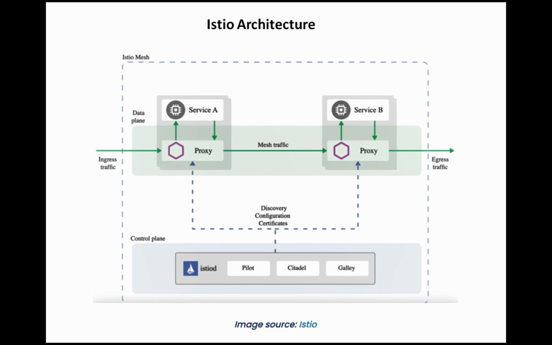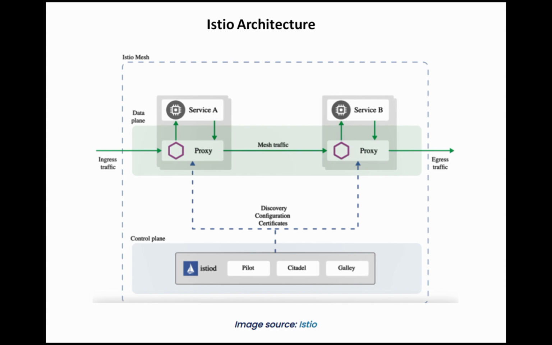But prior to 1.5, these components of Pilot, Citadel, Galley, and Mixer were not part of the control plane. They used to operate separately, and from 1.5 onwards, these are part of your control plane.